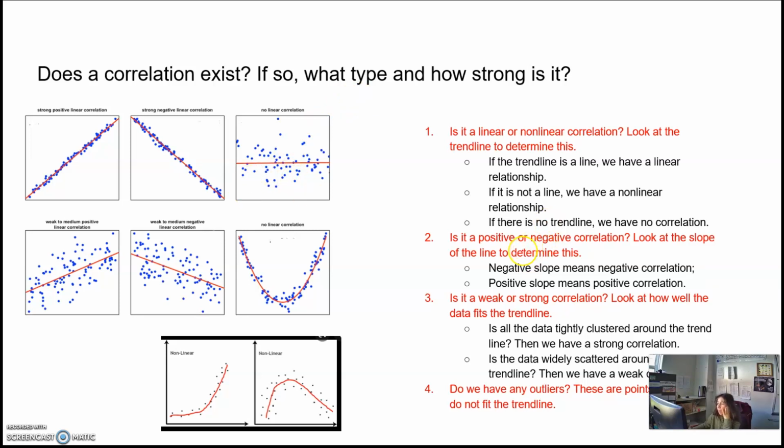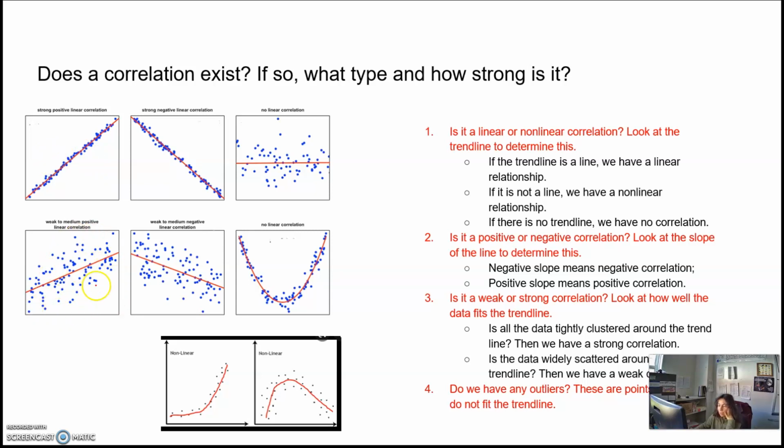The second question we got to ask is, all right, now that we know whether we have a linear or non-linear correlation, is it a positive or a negative correlation? In order to answer this question, we have to look at the slope of the line. So if we have a positive slope line, meaning it's going up to the right just like this, like in this scenario right here, that would be a positive correlation.